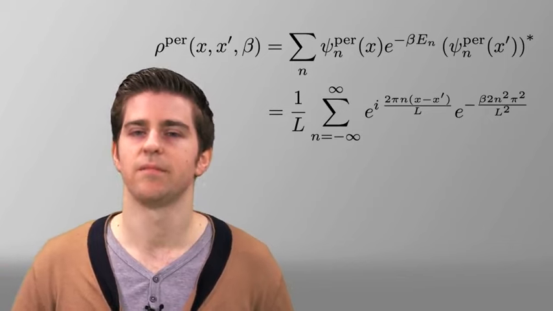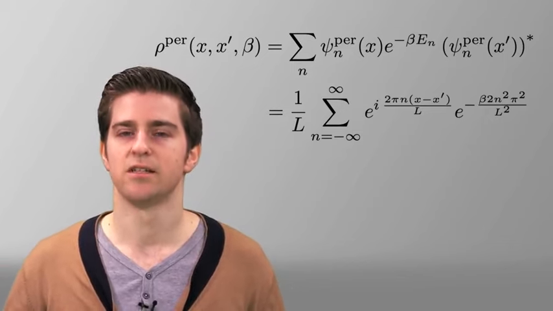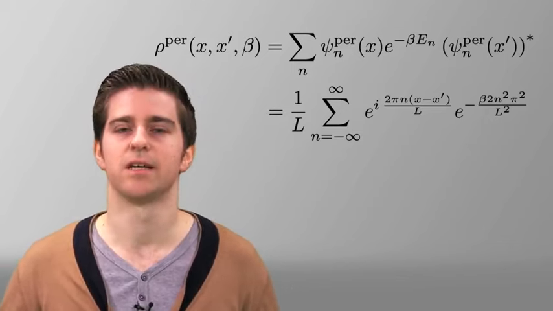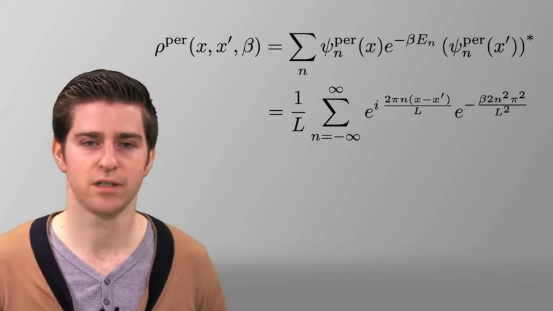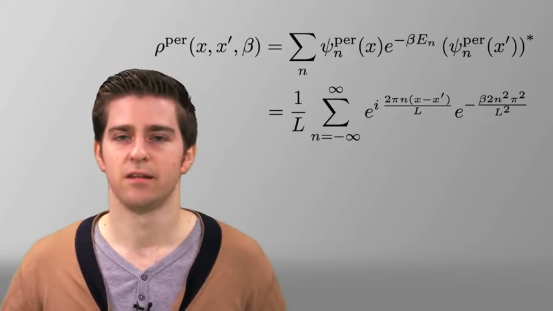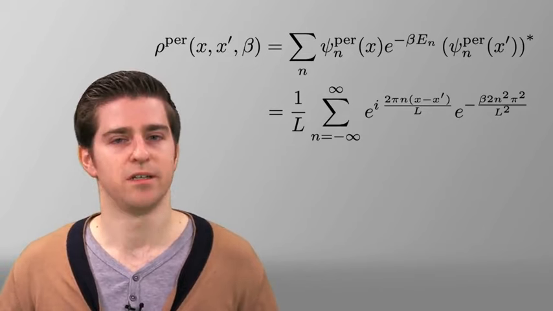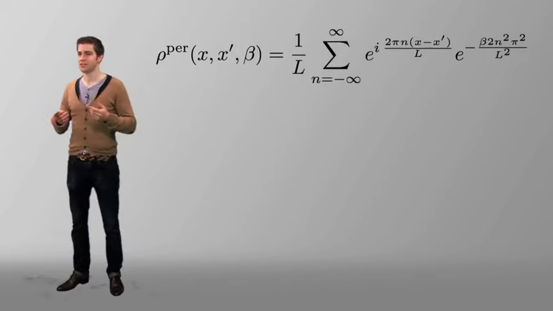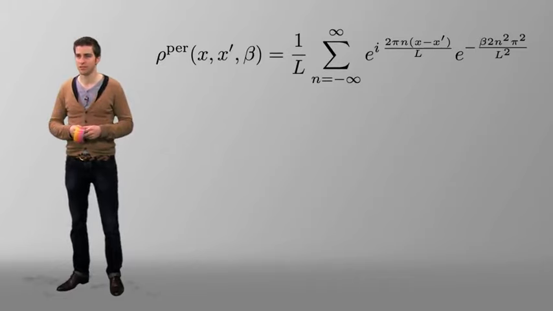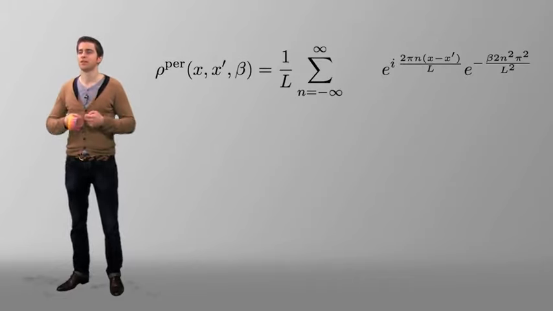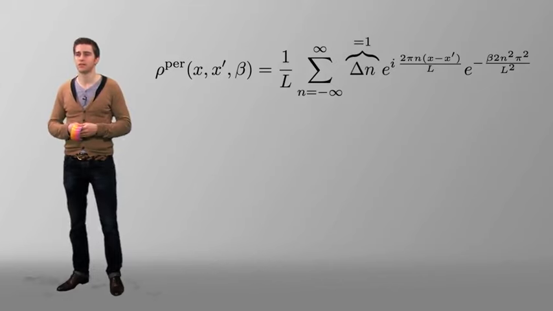Having the particle in a box of size L is no true limitation, as we can let L go to infinity and replace the sum over n by an integral. This may sound difficult, but it can be easily understood when we introduce a dummy parameter delta n equal to 1, the difference between two successive n values.